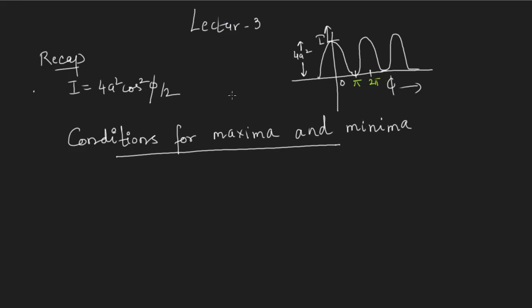Now, we are going to see when do we get maxima and minima. Before going to the conditions for maxima and minima, let us understand a wave. For example, if I take a wave which is starting from here and going like this, then lambda is the wavelength for the wave.